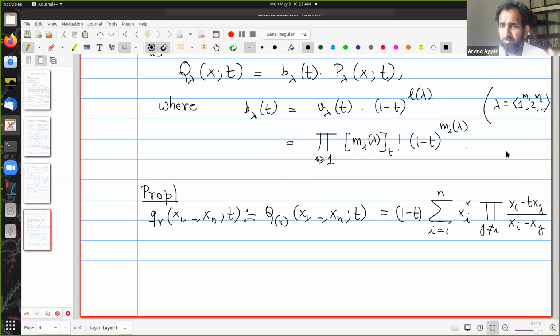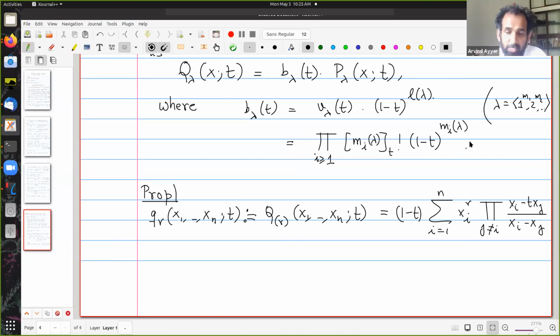If n is fixed and lambda has length less than or equal to n, then you'll have n minus L lambda zeros. Once you take infinitely many variables, you should imagine that there are no zeros. Right, exactly. That's what Venkatesh said when he said m_0 is 0.